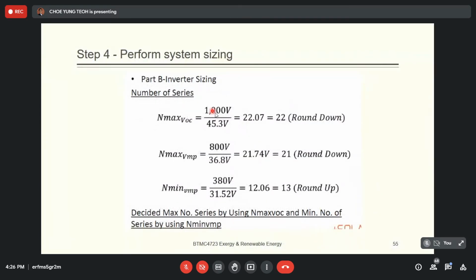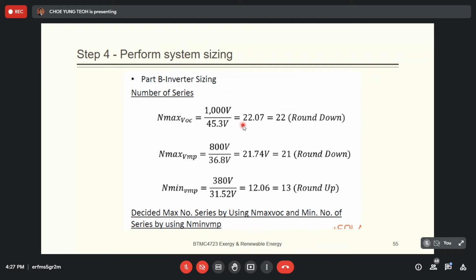So we take 1000 divided by 45.3, we get 22.07. It means that I can connect 22.07 pieces of module in series for safety maximum. But of course, we cannot have a decimal point here. How can you get 22.07 pieces? So we have to round down to 22.